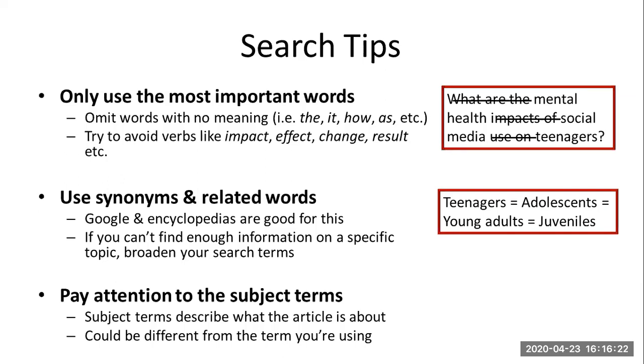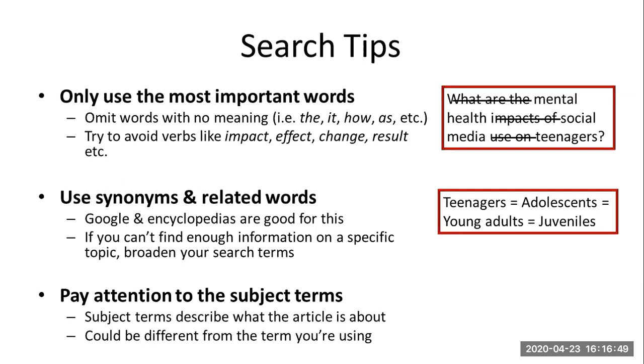So they are terms that have been selected by subject experts or researchers in that field and librarians, and they've decided this is the best term to use to describe this particular concept. They also describe exactly what the article is about. They're really useful to determine how relevant an article is to your topic.